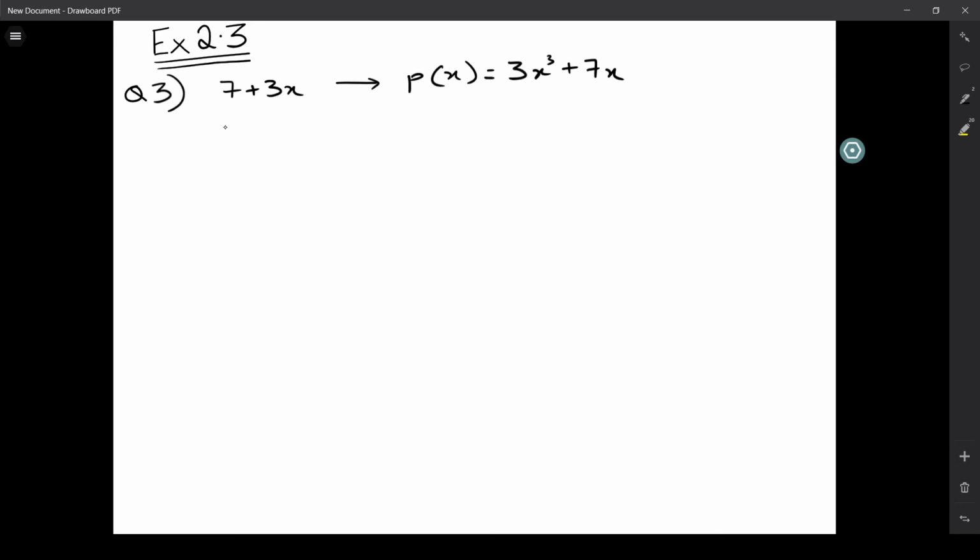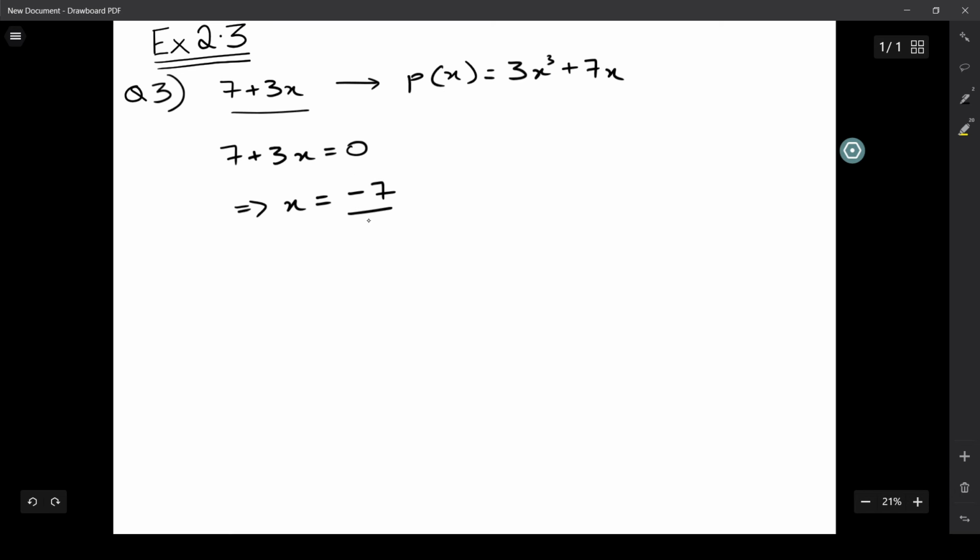So in order to get the remainder, I'll take the divisor 7 plus 3x and equate it to 0. This gives me x is equal to minus 7 by 3. And in order to get the remainder, I will substitute minus 7 by 3 in my dividend.